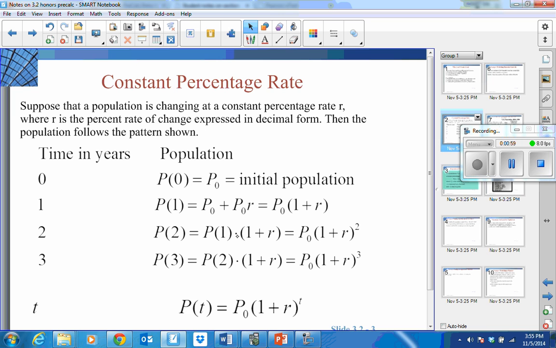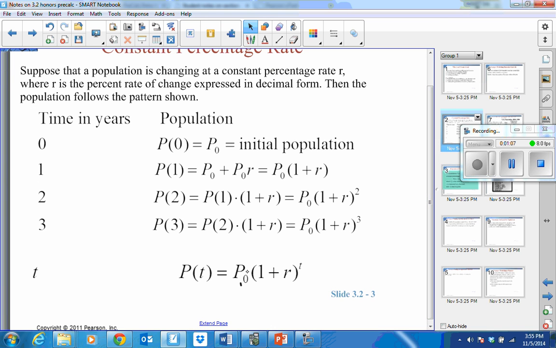Year 2, we have our population from year 1 times the population growth. And so the way this always works out is we always have our initial population times 1 plus our rate of growth, and that's a percentage rate, and t is always representing our time, sometimes in years, sometimes in decades.